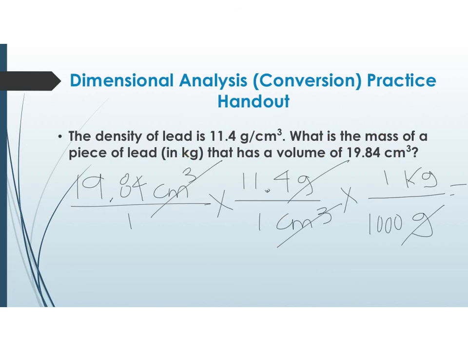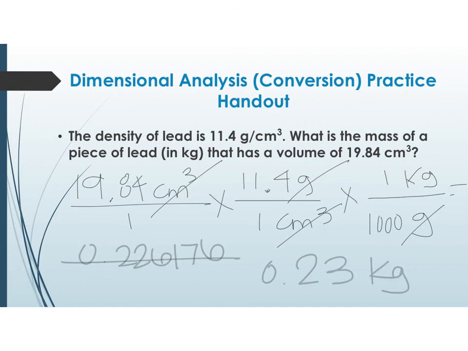So when I plug this into my calculator, I get 0.226176, but I should only have 3 sig figs. Notice in the 2 numbers that were given to me, I had 3 sig figs here, 4 sig figs here. I always want to go with the lesser number of sig figs. So I need 3 sig figs in this case. I don't want that. I want to round, so 0.23 kilograms is my final answer.